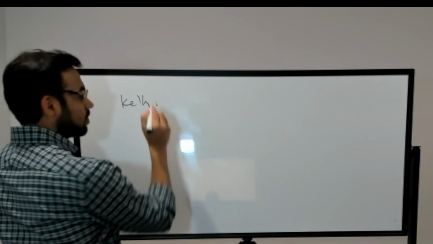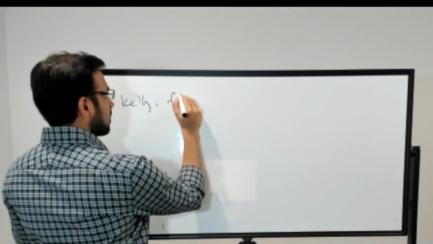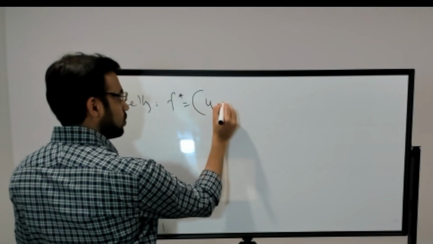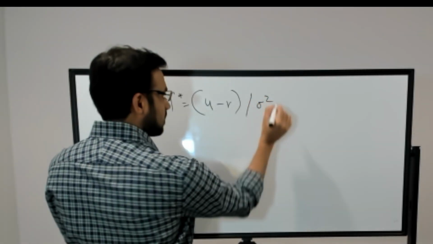So Kelly for the previous strategy would be, let's list the formula out: U minus R over sigma squared.